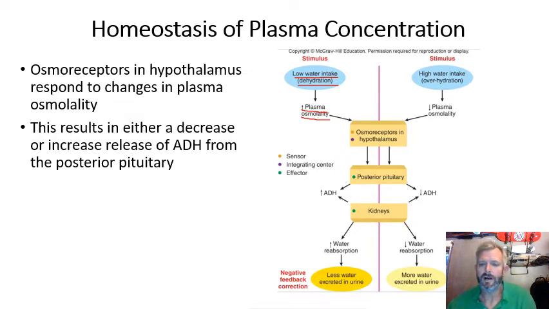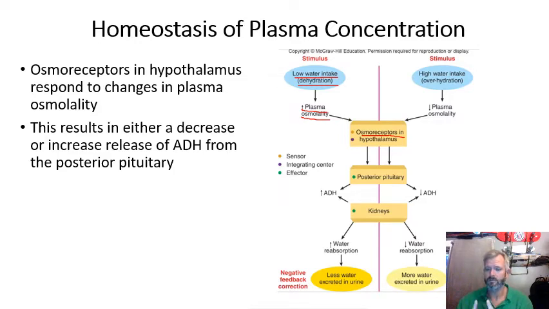So you have osmoreceptors in the hypothalamus that respond to osmolarity. In this case, hey, osmolarity is high. What do we want to do? Do we want to lose water when our blood osmolarity is high, or do we want to try to bring back as much water as possible? Yeah, we want to reabsorb as much as possible.